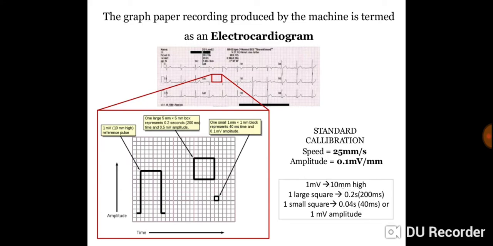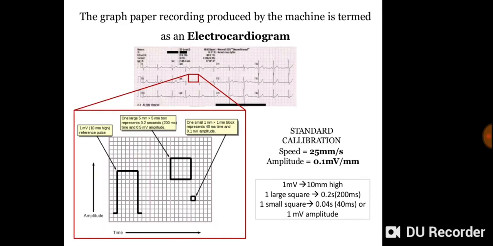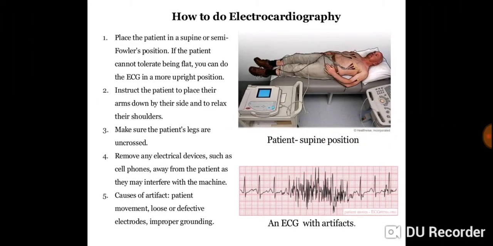So 1 millivolt is 10 mm high, and one small box is 1 millimeter. So one small box on the y-axis is 0.1 millivolt, and 10 are equal to 1 millivolt. So you need to remember this. Small box 0.04 seconds, on the y-axis 0.1 millivolt.